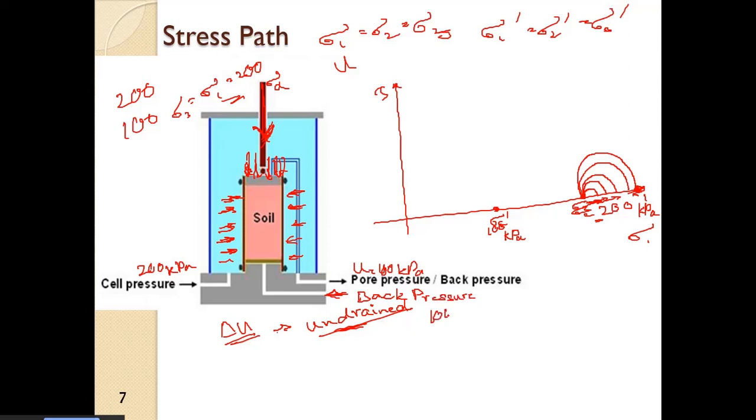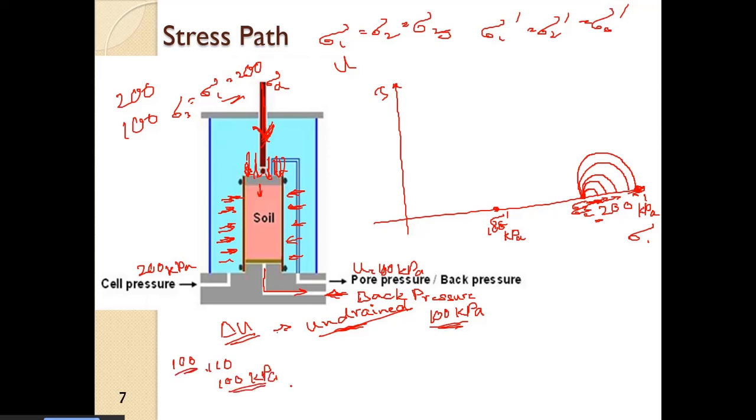The back pressure is at 100 kPa, and whatever increment of pore water pressure is above that. If we shear the sample and suddenly the pore water pressure goes up from 100 kPa to 110 kPa, there is drainage, and the pore water pressure is stabilized to 100 kPa.